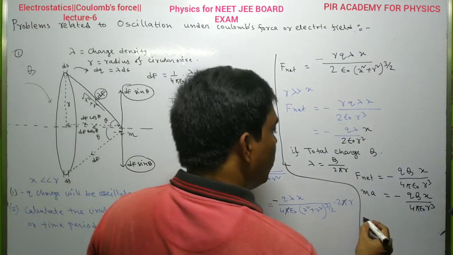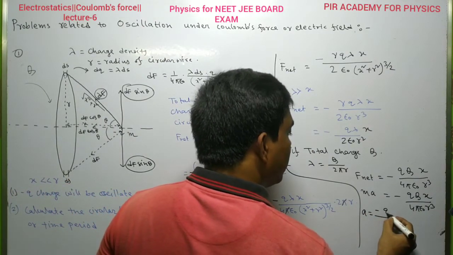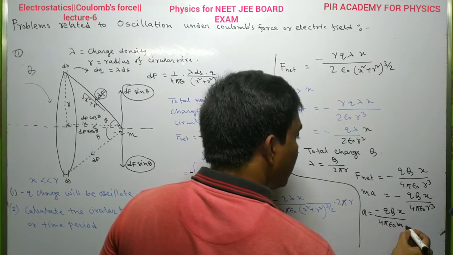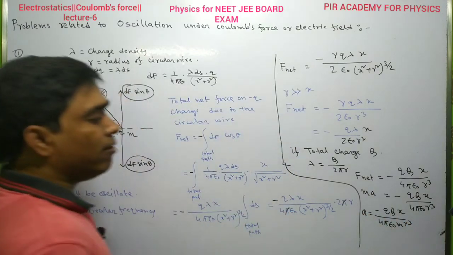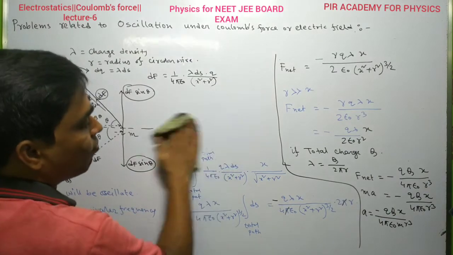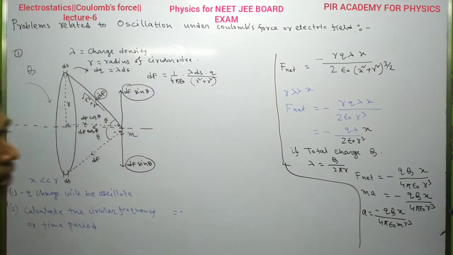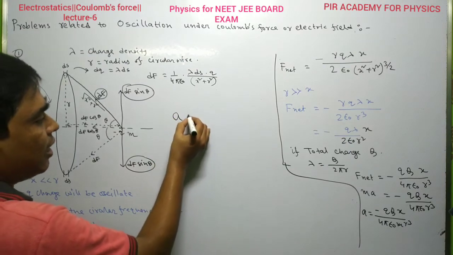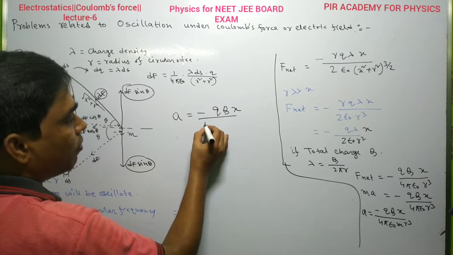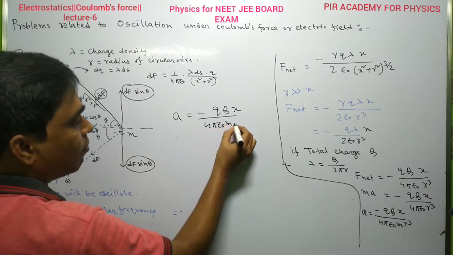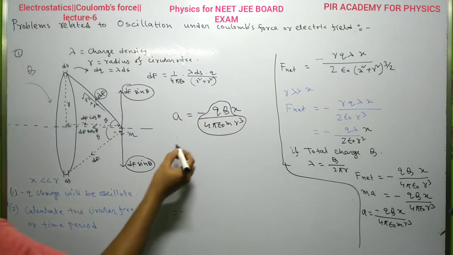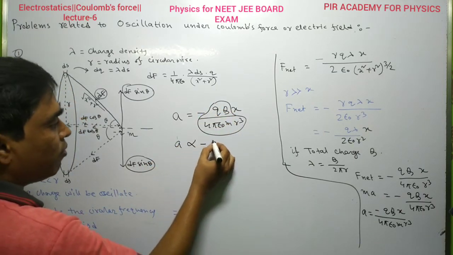So acceleration a equals minus q x divided by 4 pi epsilon naught m r cube. This is the equation. Now you see that this term is constant, so acceleration is proportional to minus x.